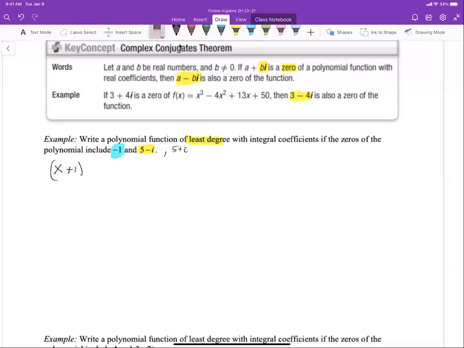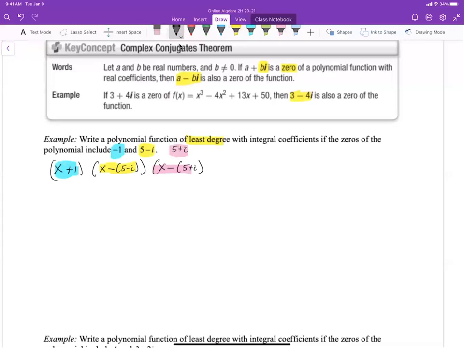So here's where I got that one. Now let's do that 5 minus i. I have to subtract it from x, so I take x minus the quantity 5 minus i. And then I have to do this one: x minus the quantity 5 plus i.